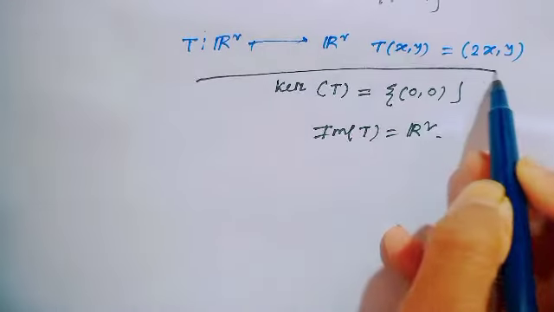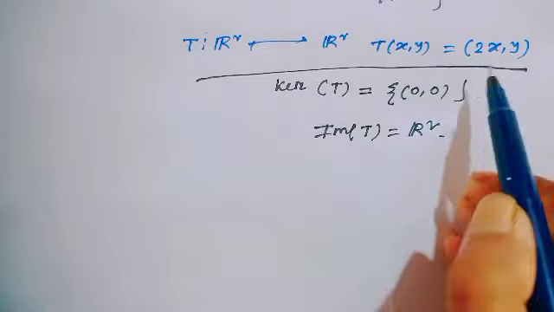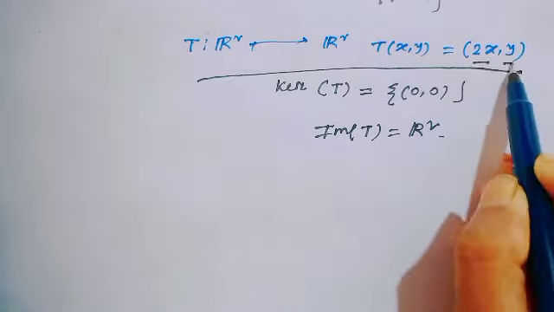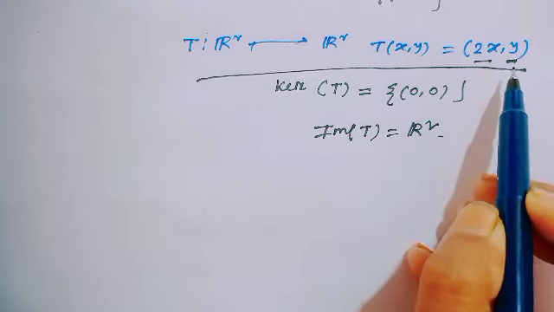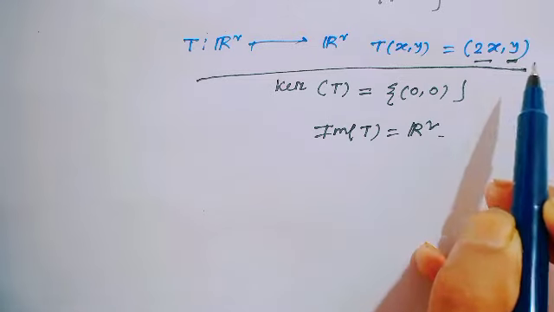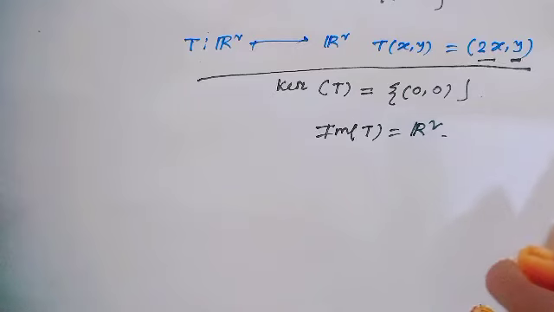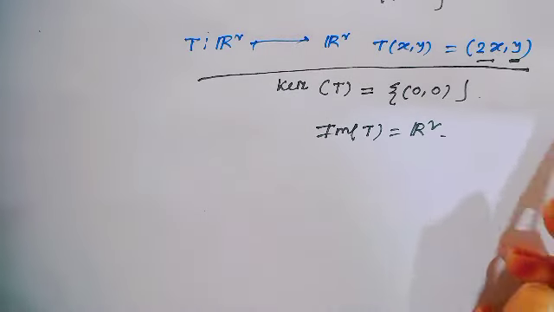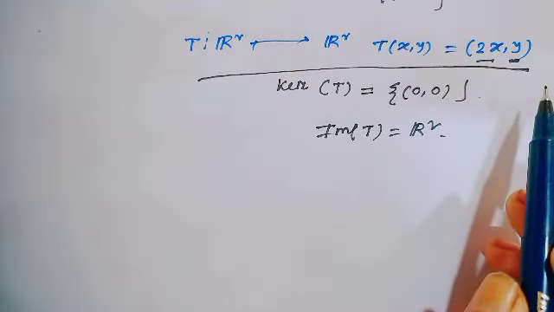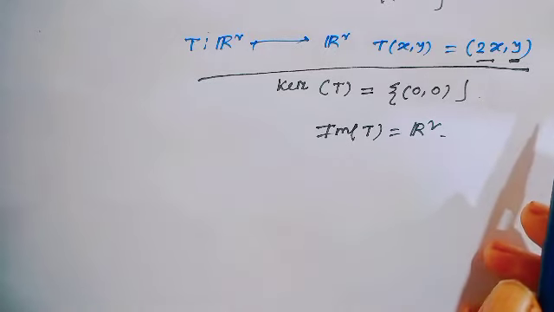Well. Next example, T is a mapping from R2 to R2 such that T of (x,y) equals (2x, y). Here, since each component is linear, obviously this mapping is linear. Are you getting it? If you know the theorem that T from Rn to Rm is linear when each component is linear, then you can easily find the linear transformation of any mapping.